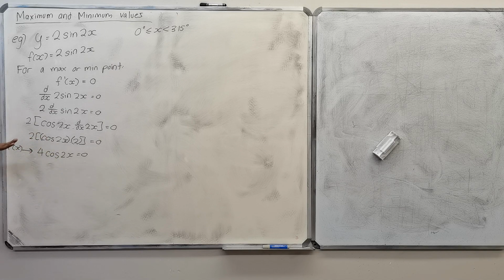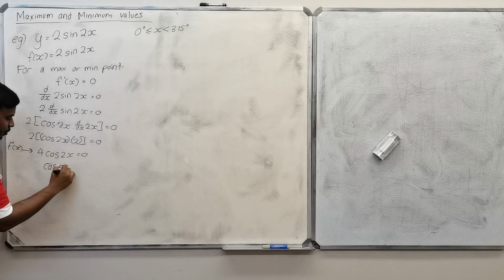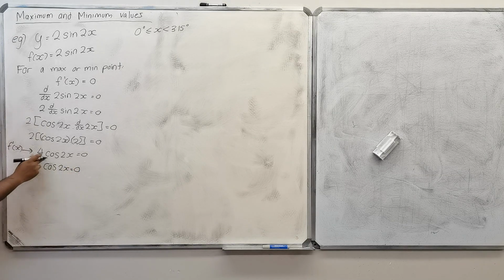Now we're solving for x, right? So cos of 2x is equal to 0, because if I divide by the 4, I'm left with 0. Okay.